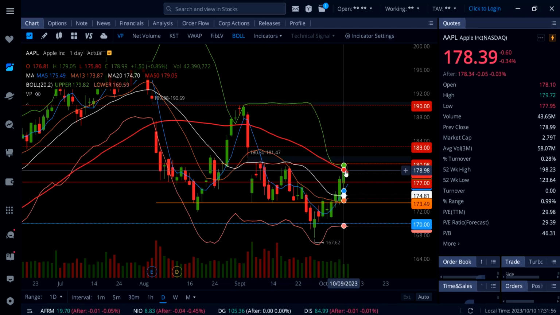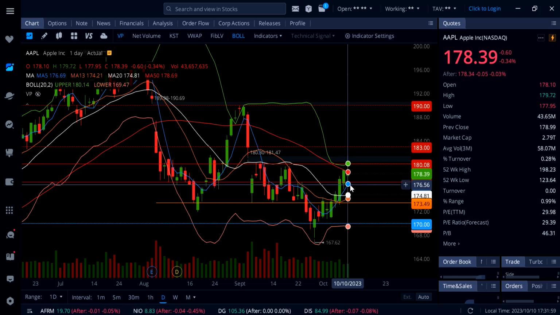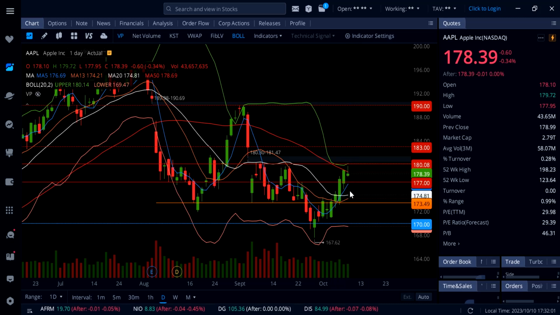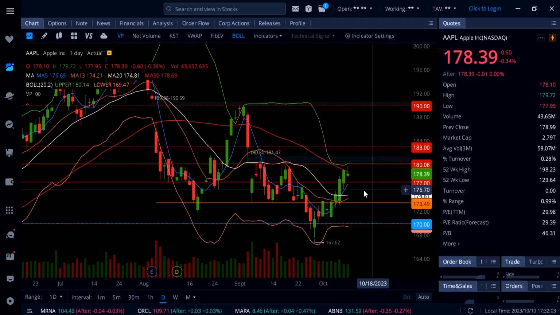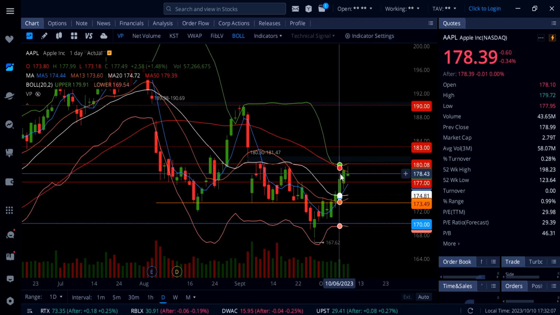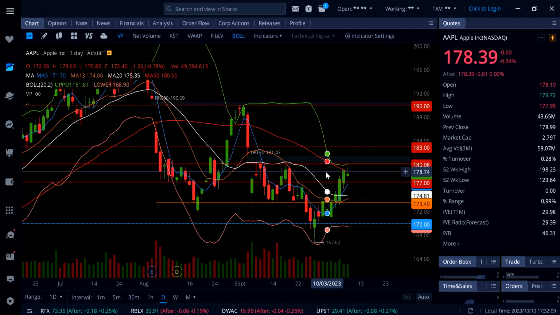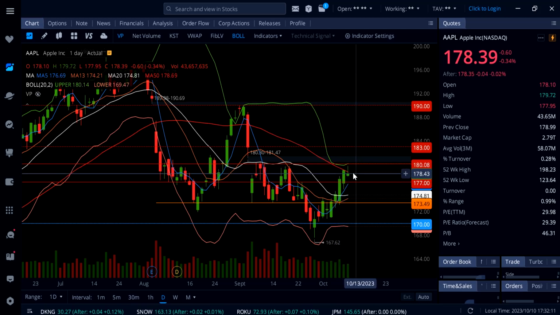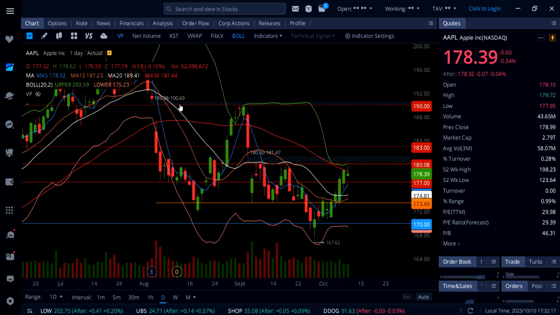And if this thing pulls back, I would say between 173 to 177, we could see an inverse head and shoulders on Apple. And if this thing consolidates right here, this could turn into a flag and we could see another breakout, and Apple can go all the way up to 190.69 to close that gap on top. So there could be more upside on Apple stock, but it's just a matter of time.